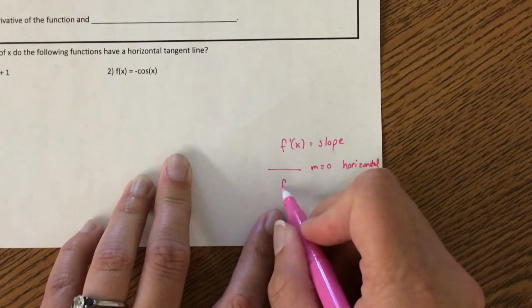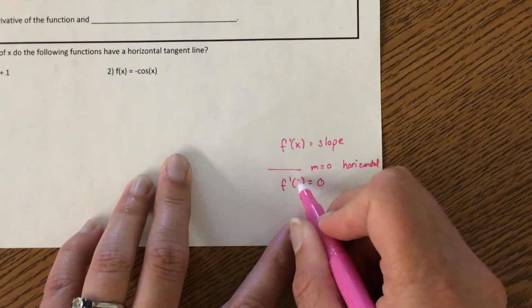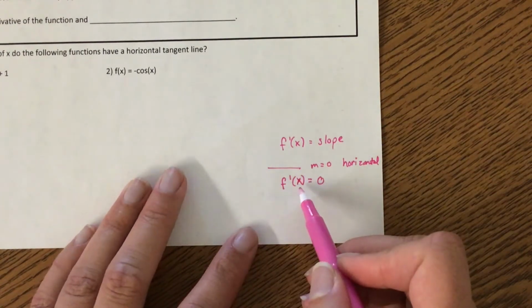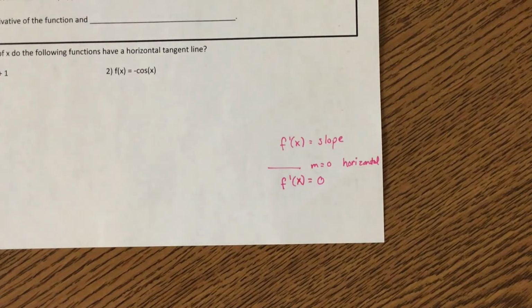So really all you have to do is say f prime of x equals 0. So generally you have to take the derivative, find f prime of x, and then whatever that equation is, you put equals 0, and then you solve for x.